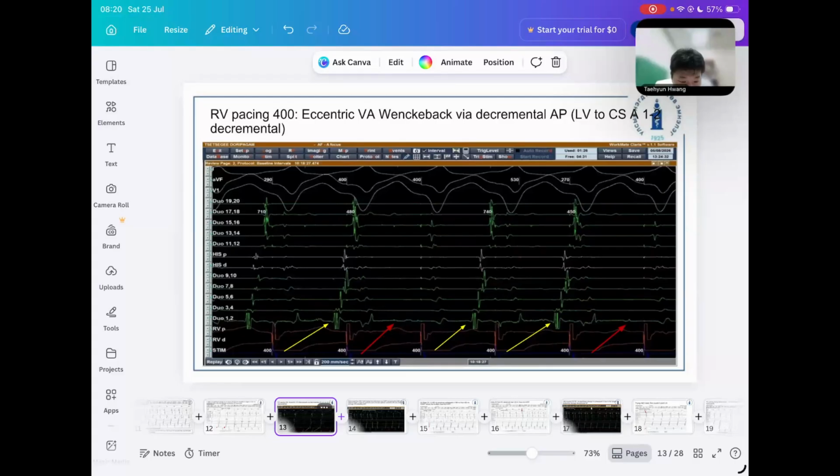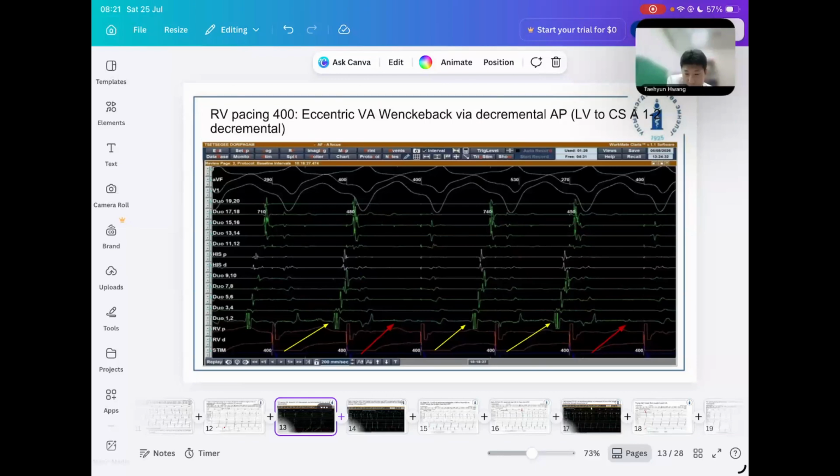If you have a decremental conduction accessory pathway, when we pace the right ventricular or other ventricular side, the VA conduction time is lengthening, and it means the accessory pathway has decremental conduction, like the normal conduction system.